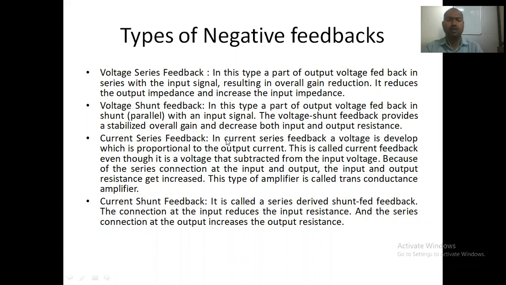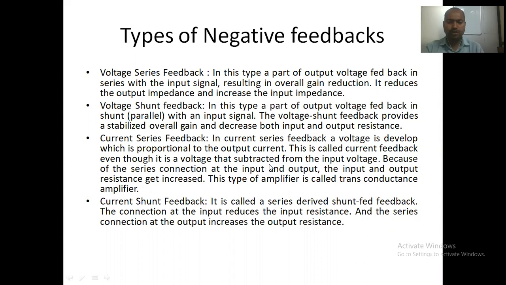That voltage is again converted to a proportional current. Whatever output comes across your current series feedback is a voltage, and we have to convert that voltage into current. This happens in the current series type of feedback.